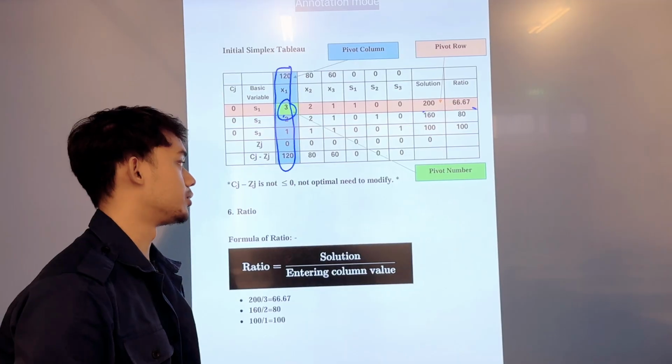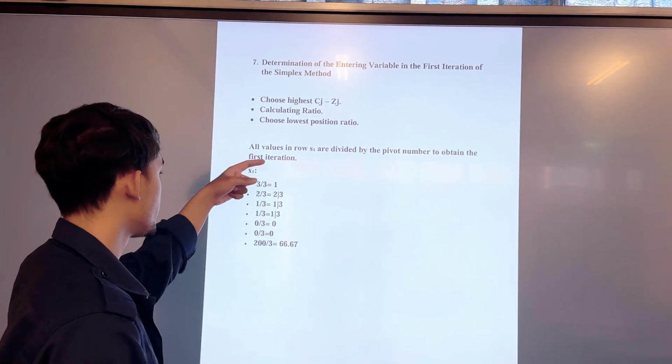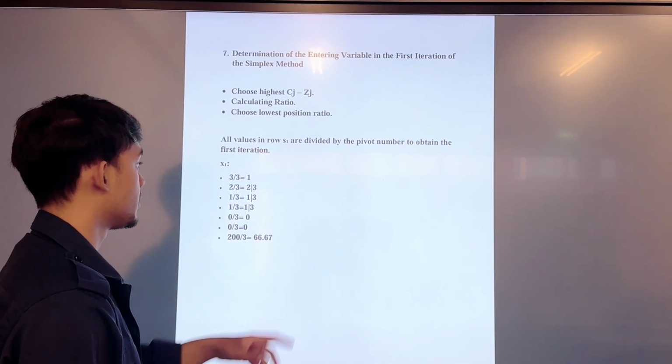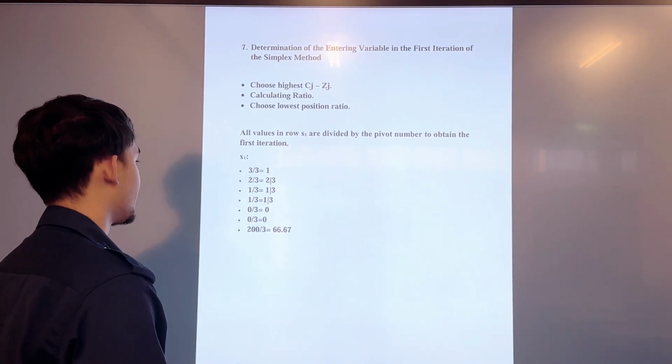Now we divide all values in row S1 by the pivot number to obtain the first iteration.